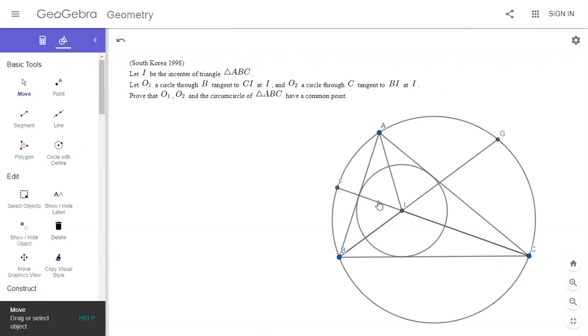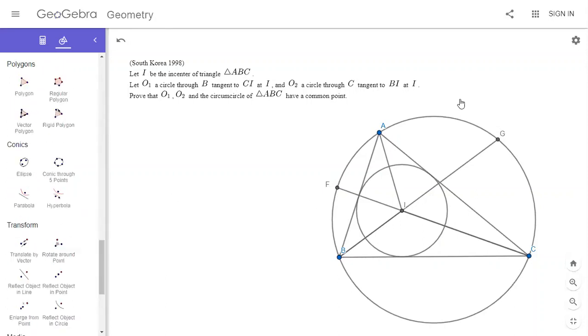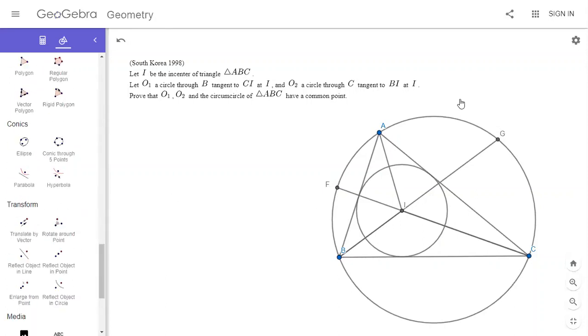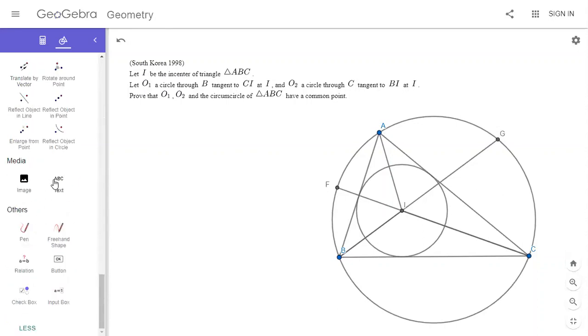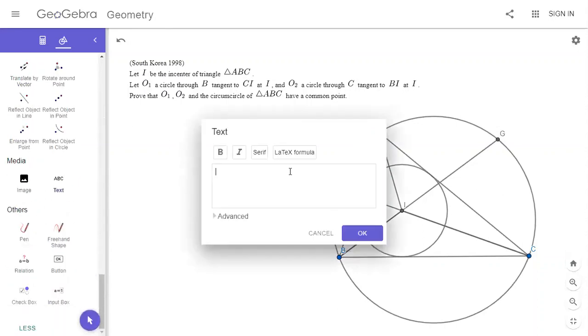Okay, so I'll just start by defining these points F and G. Let CI and BI meet the circle at F and G.